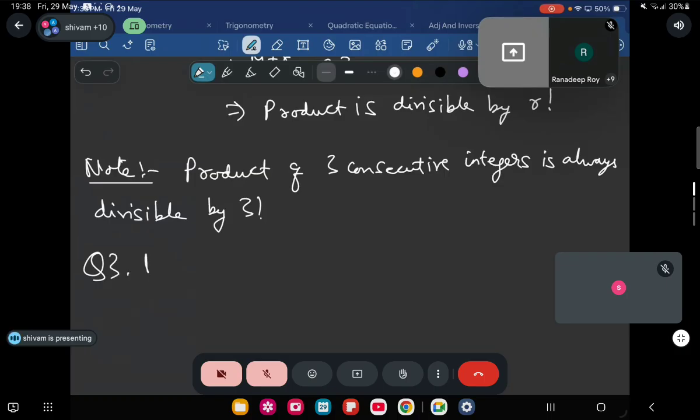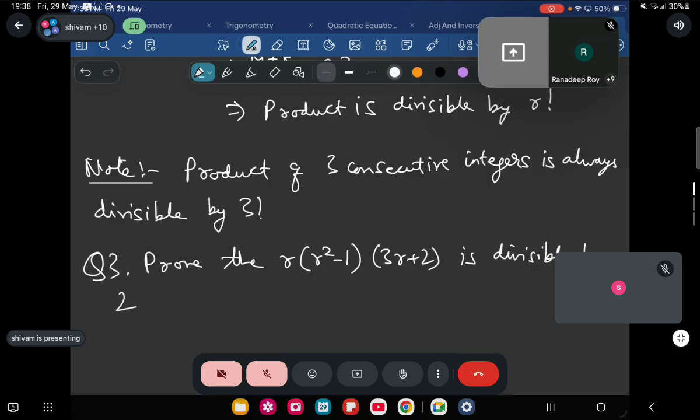Prove that r into r square minus 1 into 3r plus 2 is divisible by 24. Solve.